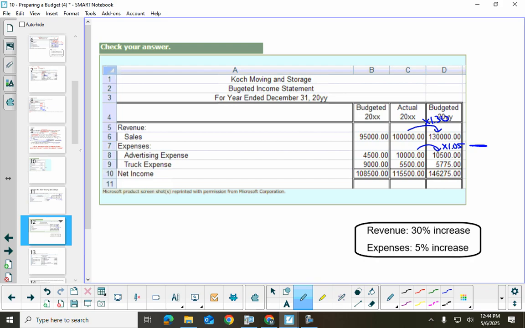Now, the other reason why you do these budget income statements is that you probably have bank loans, especially when you're running a business this large. So the bank wants to see your business growing and they want to see projected growth as well, because that determines whether or not they will keep lending you money.